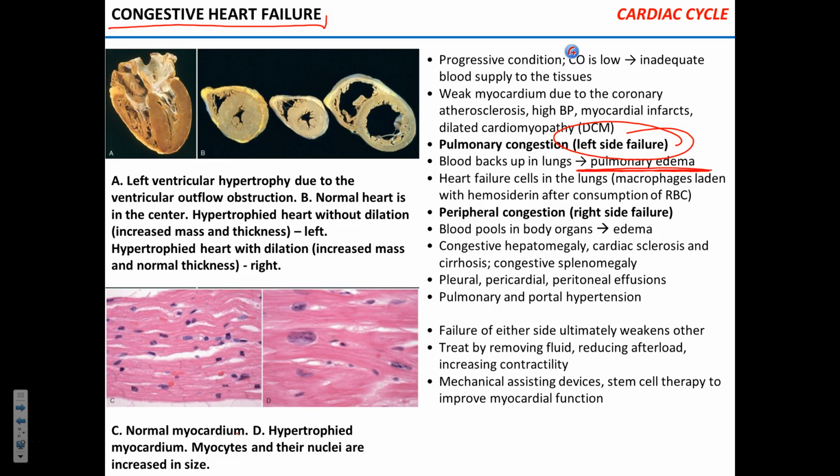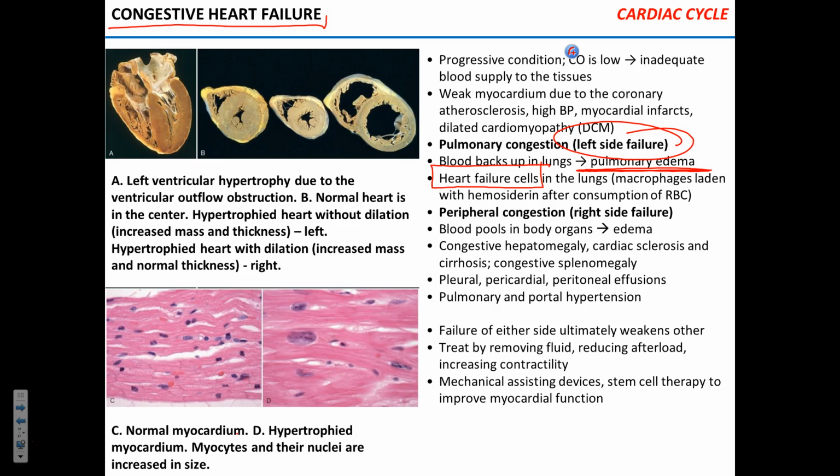Pulmonary edema and another very fascinating pathological sign, so-called heart failure cells. If you think about this, in pulmonary edema, not only plasma but also red blood cells will end up in the lungs. In your alveoli, there are macrophages called alveolar macrophages that consume whatever is not supposed to be there.